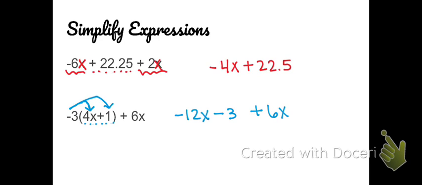So after you distribute, you combine like terms. Like terms are either constants, regular numbers, which there's just this 3, negative 3, no other constant to combine with it, or they're variables that have the same exponent. So I can combine these two. So if I have negative 12x's and I add 6x's, I have negative 6x's. And then the minus 3, I can't combine with anything else.